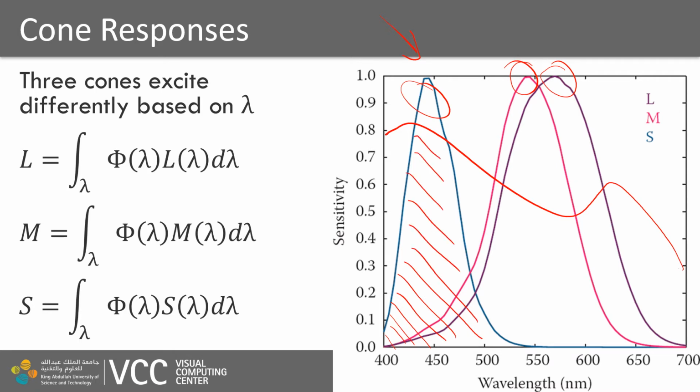So you can see that this part will be multiplied with the values corresponding to the short wavelengths. They will be weighted quite highly, while this part of the visible light spectrum for this cone type will not contribute much, so it will not excite it very much.